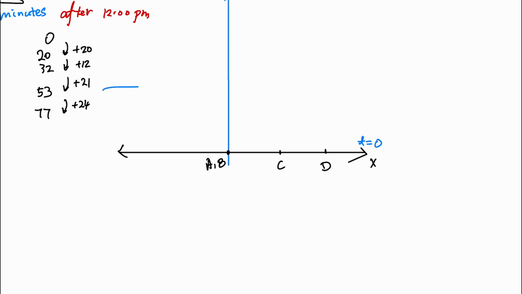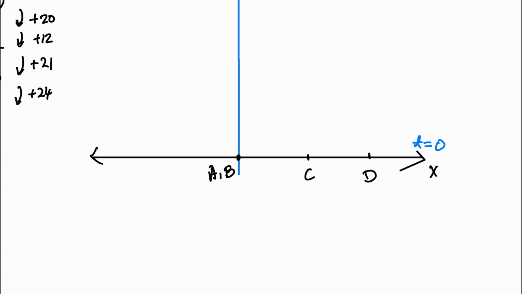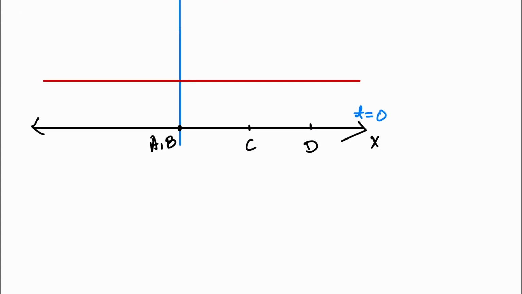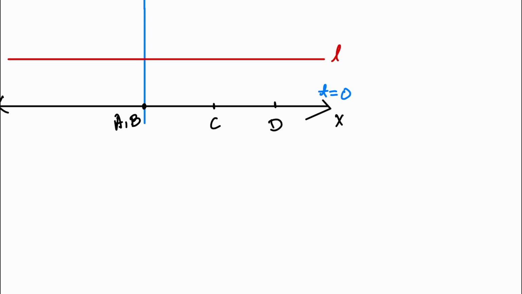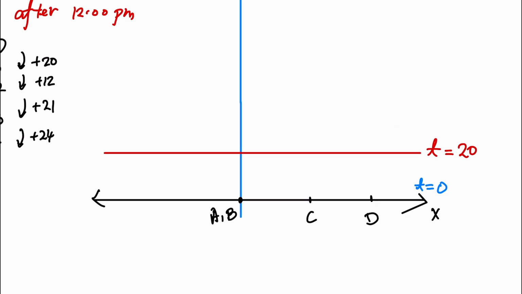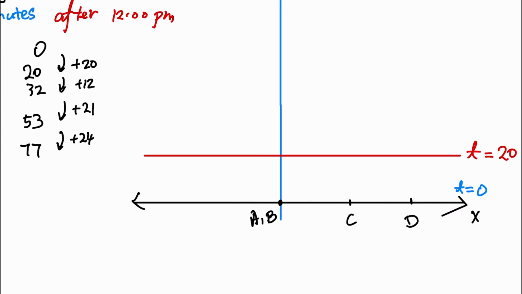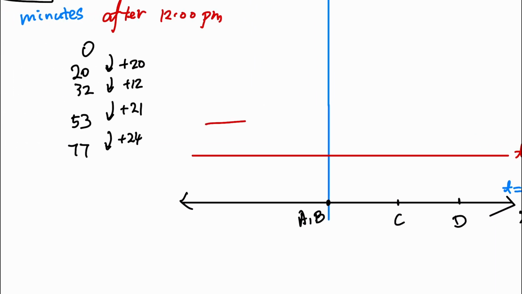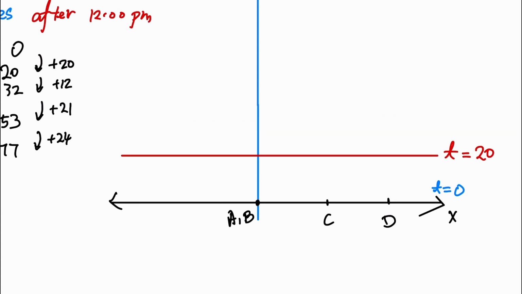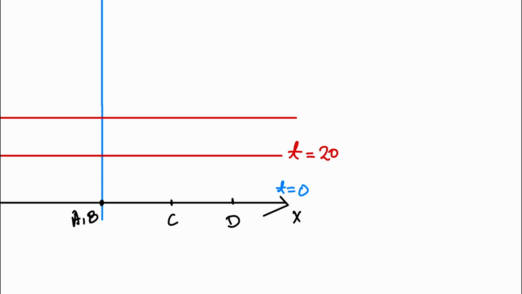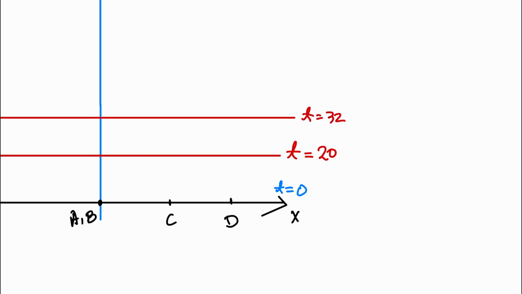If we have something over here that is 20 minutes later, that will be t equal to 20. What is the next time? Next time it will be t equal to 32. So something over here, we have t equal to 32.